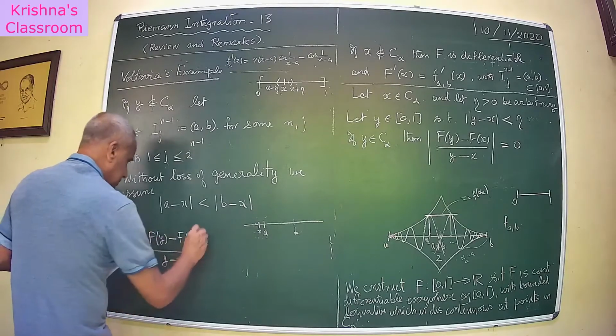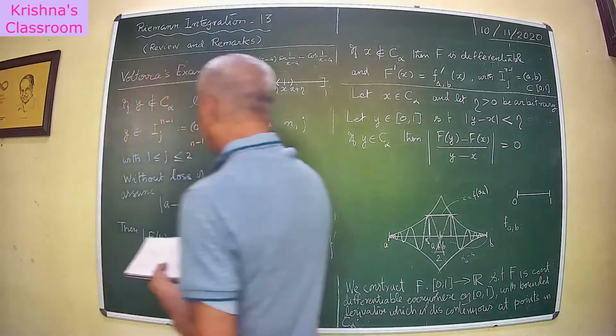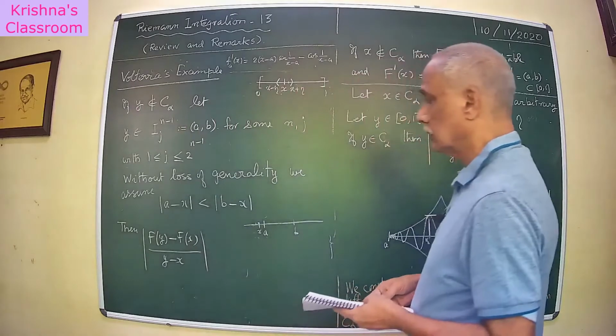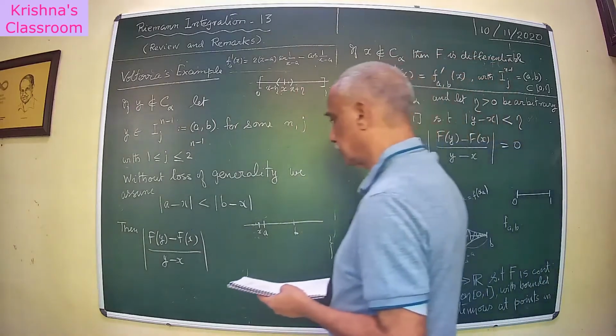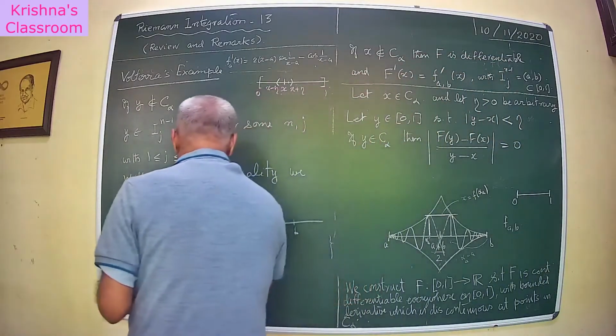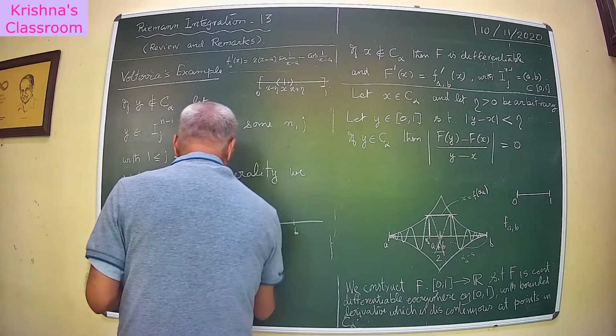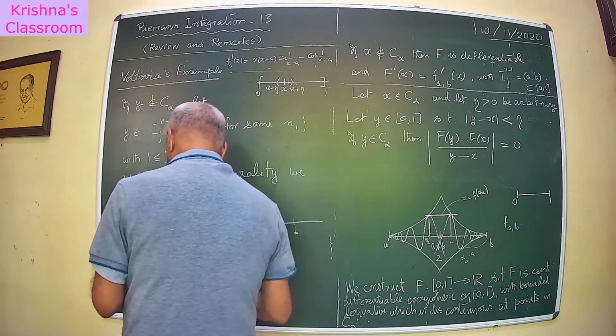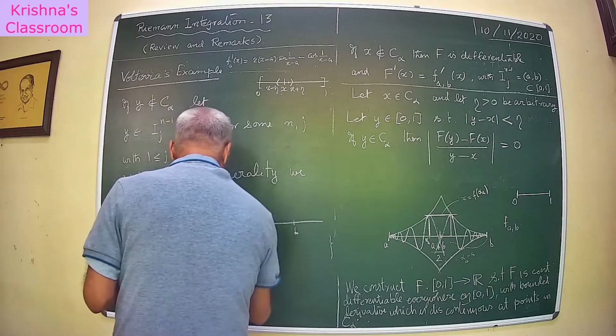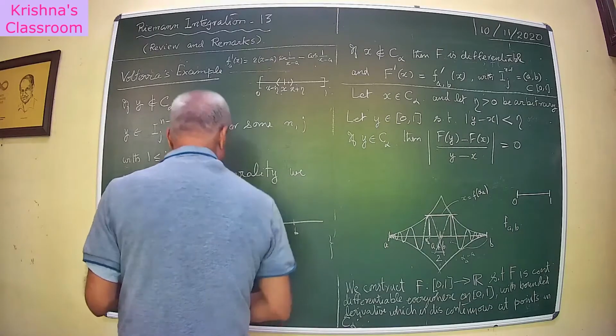Modulus of this, because you know that the point x is in C alpha, is equal to mod F(y) divided by mod y minus x.